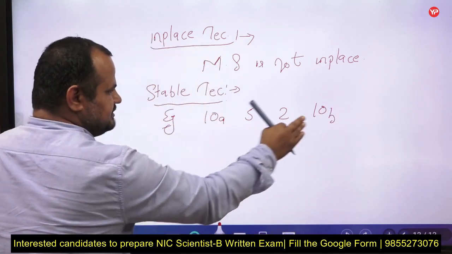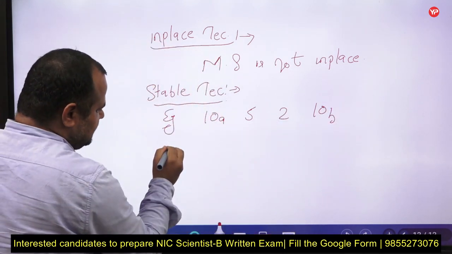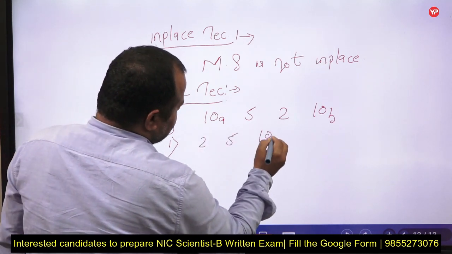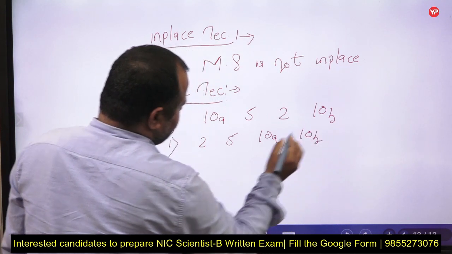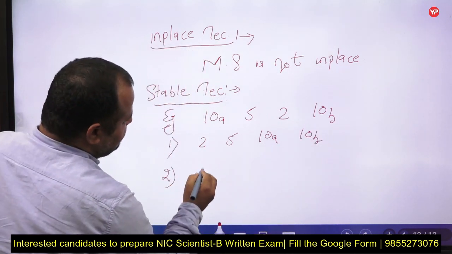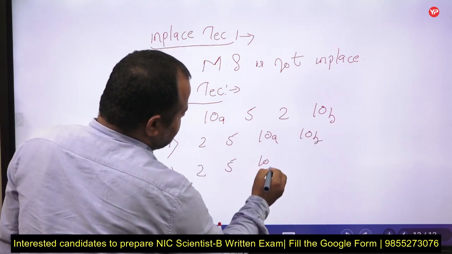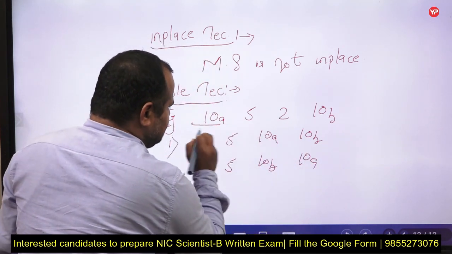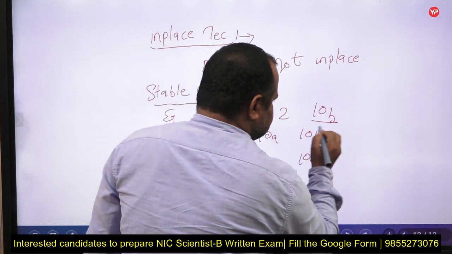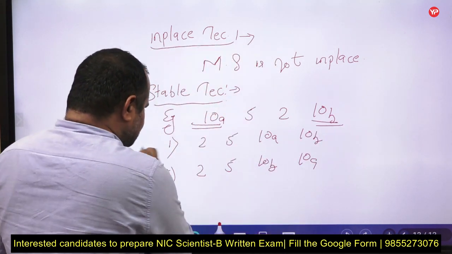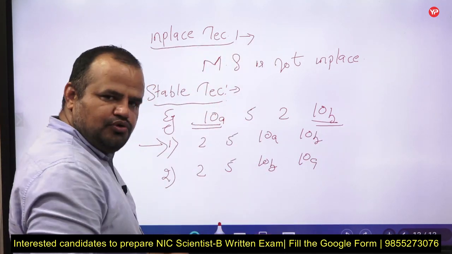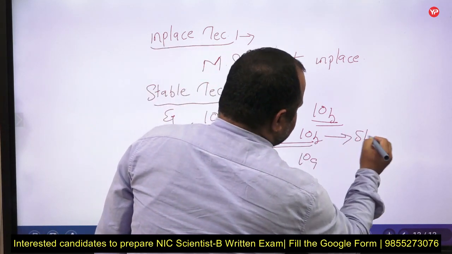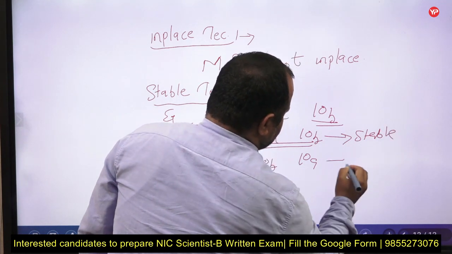This is my first 10, this is my second 10. After sorting, one type of output is 2, 5, 10a and 10b, and one more type of output is 2, 5, 10b and 10a. As we already know, before sorting 10a comes first, then 10b. After sorting, only the first output gives me the same ordering. So I can say it is stable in nature, while the other is unstable.